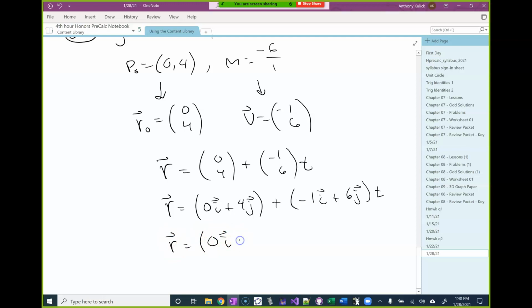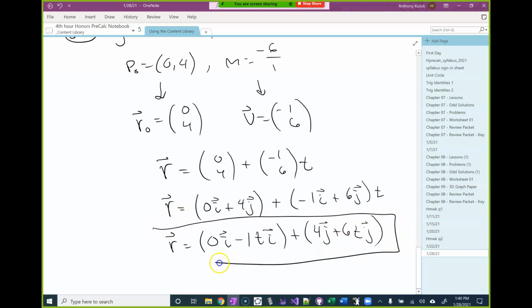So obviously I don't need the 0i really there, but I put it there just for it to be easier for you guys to follow the work. So usually we write it that way, with the i's grouped together and the j's grouped together. Does that make sense? So a lot of it's just remembering the names of these things and the vocab.